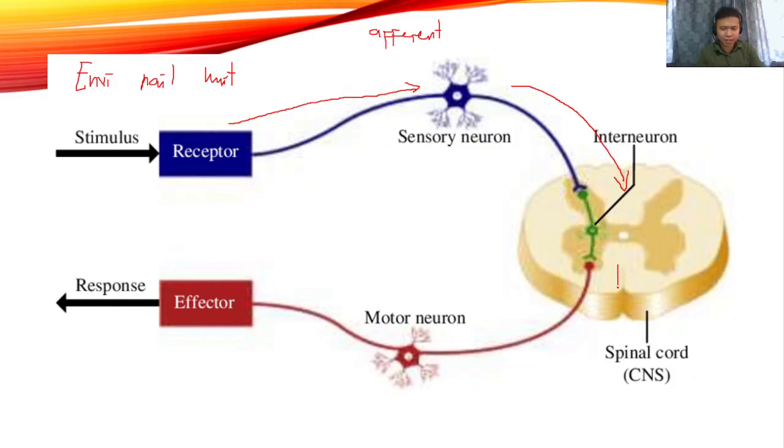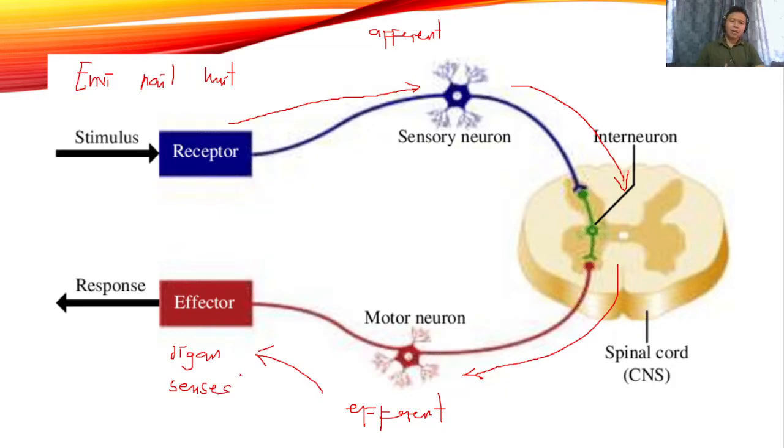So, from the central nervous system, it will send information to the motor neuron, also called the efferent neuron, into the reacting organ or senses, enabling you to remove your foot from that protruding nail to prevent further pain, to prevent further damage on your foot.